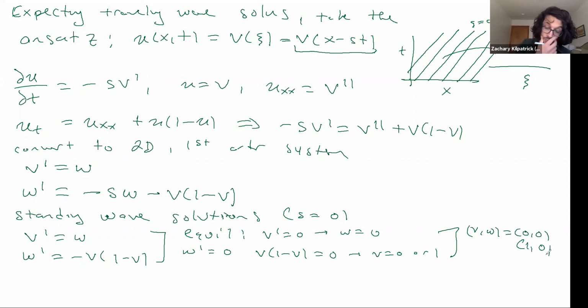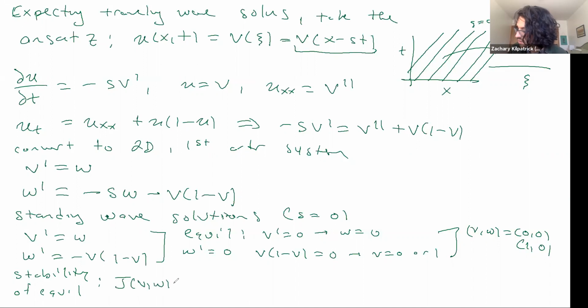Okay, the stability of our equilibria, in this case, are given by our Jacobian. Okay, what's the Jacobian of this system? Well, it's just going to be 0, 1, and then the derivative of this is going to be minus 1 plus 2v, and then 0.